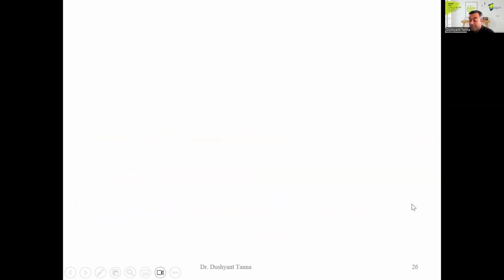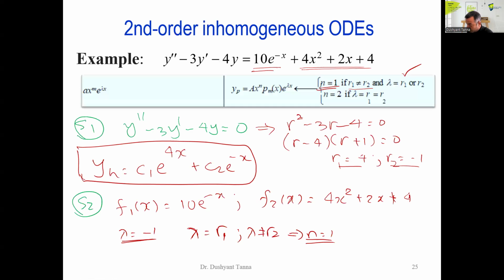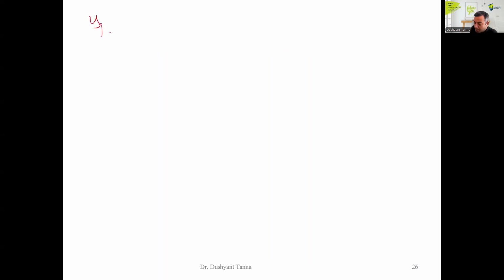So when you talk about your YP1, see what is your YP? YP is that bit, okay? There is no x term in your exponential part. So if the x term is not there, this wouldn't come. So simply Ax e raised to minus x.